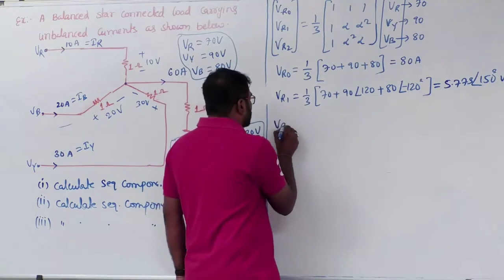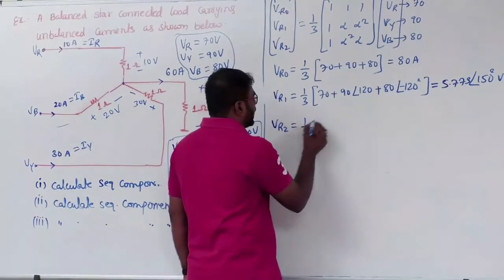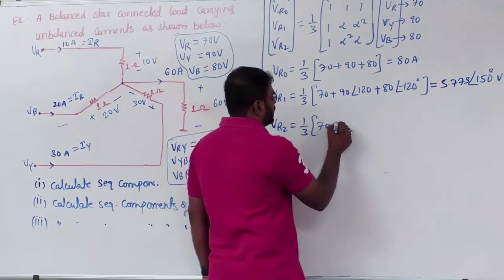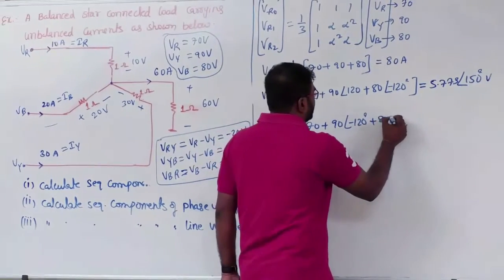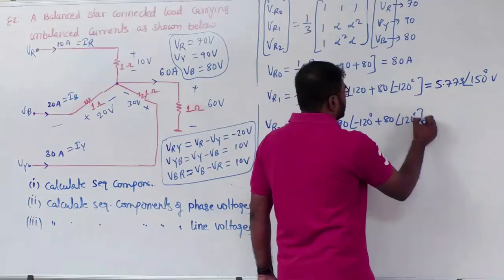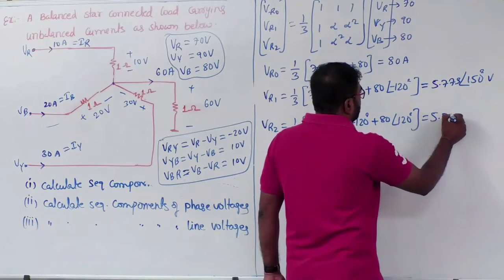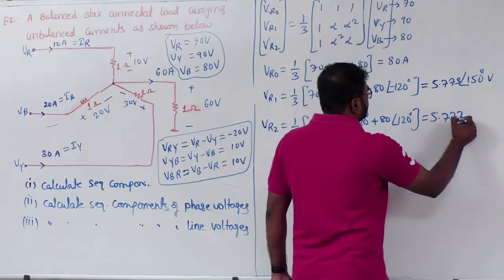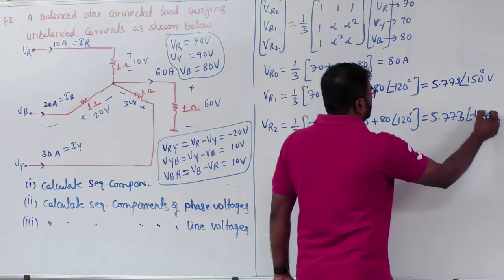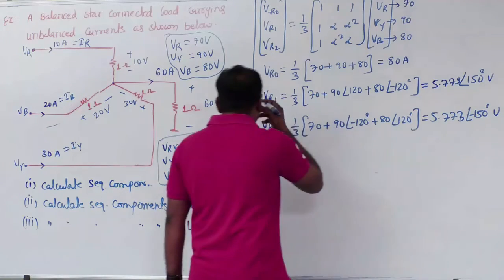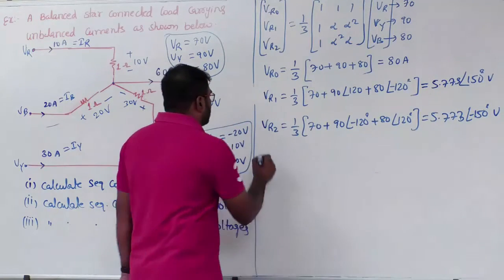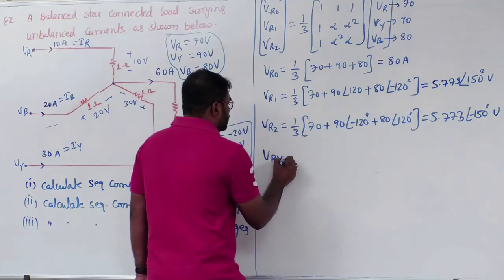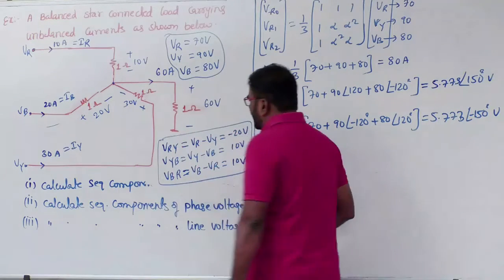Now what is Vr2? 1 by 3 times 70 plus 90 at an angle minus 120 plus 80 at an angle plus 120. If I solve this, we get 5.773 at an angle minus 150 degrees volts. That's about Vr0, Vr1, Vr2. Sir, what about the line value of zero sequence voltage? I don't need to calculate it.